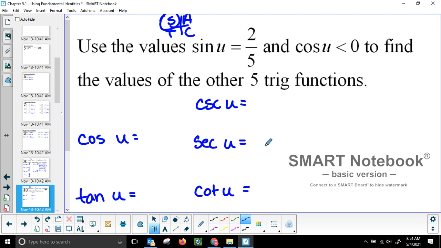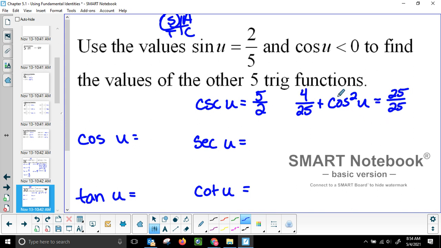Okay, if we take a look at these things, we know that sine of u is 2/5, so we automatically know that cosecant of u is 5/2. Since we already have sine, we can use sine squared theta, which will be 4/25, plus cosine squared u is going to equal 1, which is 25/25.